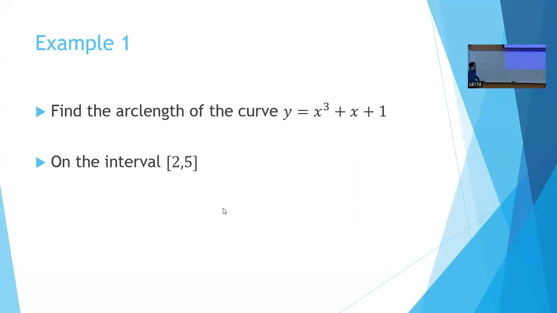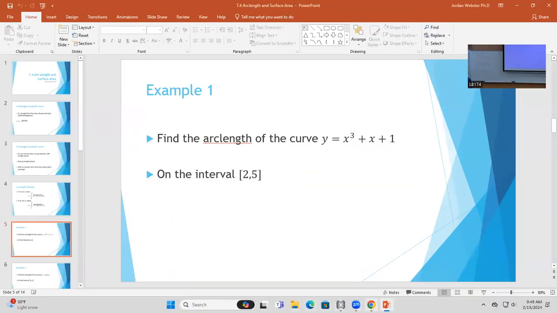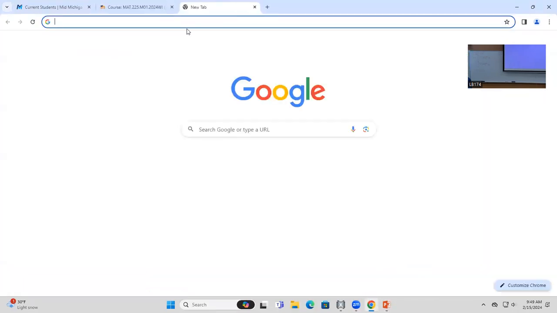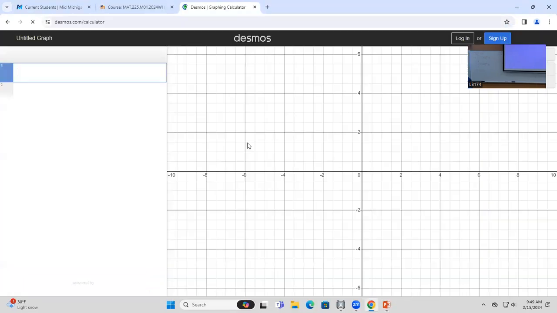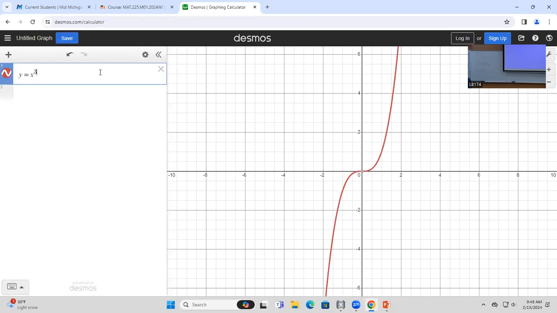If you think about what that means in terms of the graph, this one's pretty steep. So it might not be a great example, but I'll still go to Desmos. Y equals x to the third plus x plus 1, from 2 to 5.